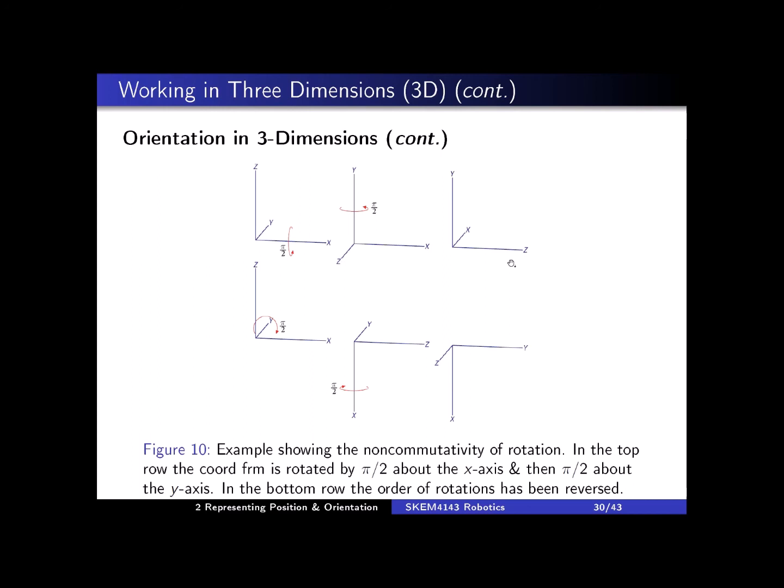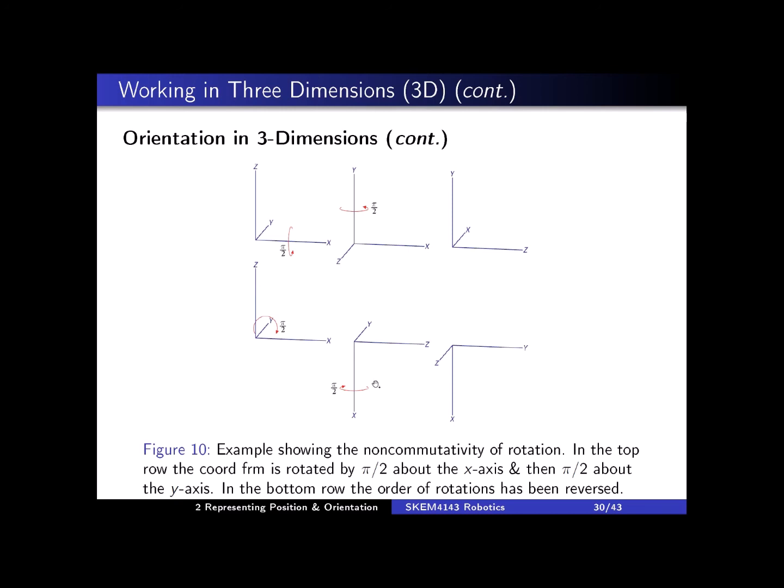What if I reverse the sequence, which means I rotate 90 degrees about Y first, and then I rotate 90 degrees about X? So this is what happens. You can see that both of the original coordinate frames are the same. If I rotate 90 degrees about Y, Z goes here.